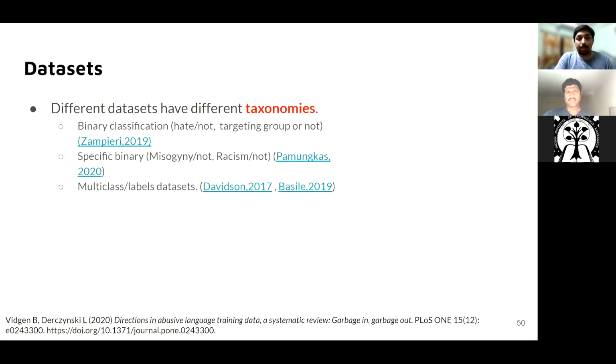The first point is that different datasets have different taxonomies. For example, there is binary classification, that is, hate or not, or whether targeting a group or not. Then there are specific binary hate speech datasets, which focus on more specific parts of hate speech, like misogyny or not, and racism. And finally, there are more general datasets like multi-class or multi-diversity.